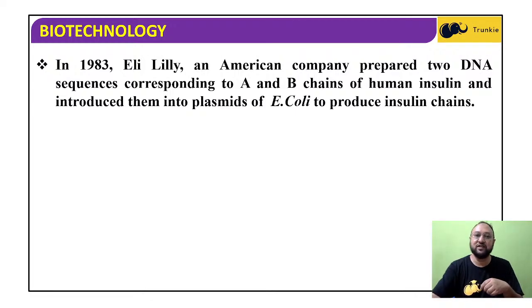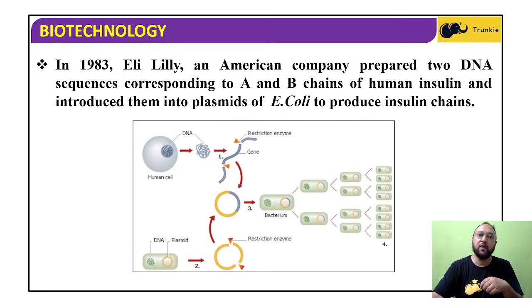You can see the DNA, then recognizing the gene responsible for producing the alpha chain, with the help of a restriction enzyme cutting and taking out that particular gene, inserting it into the plasmid, and then inserting it into the bacterium to get multiple copies of the A chain.